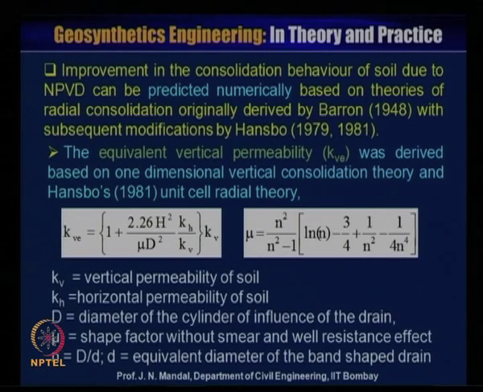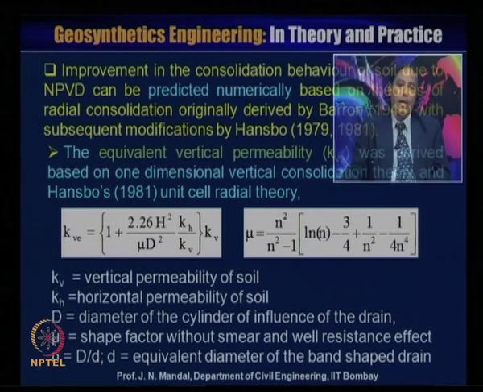Improvement in the consolidation behavior of soil due to the natural prefabricated drain can be predicted numerically based on the theory of radial consolidation originally derived by Barron 1948 with subsequent modification by Hansbo 1979 and 1981. The equivalent vertical permeability k_VE was derived based on the one-dimensional vertical consolidation theory and Hansbo's 1981 unit cell radial theory.